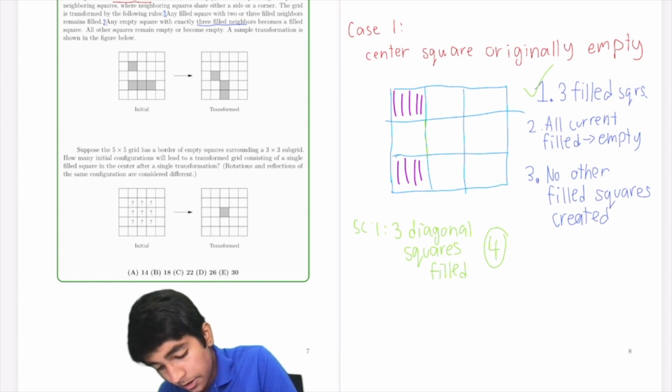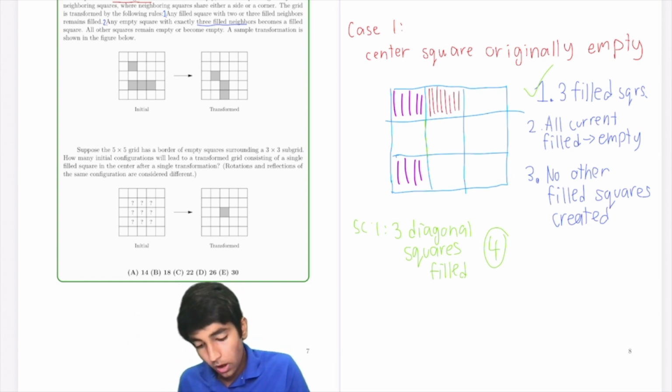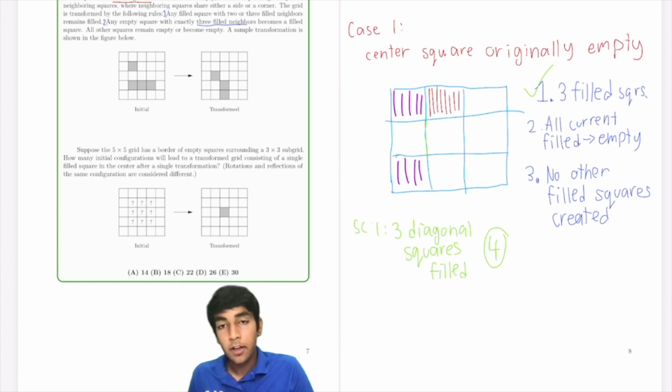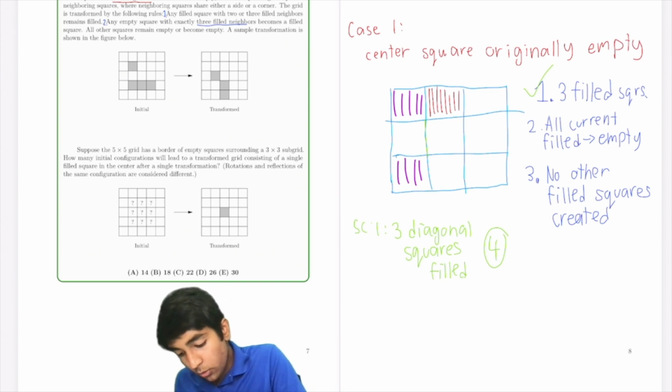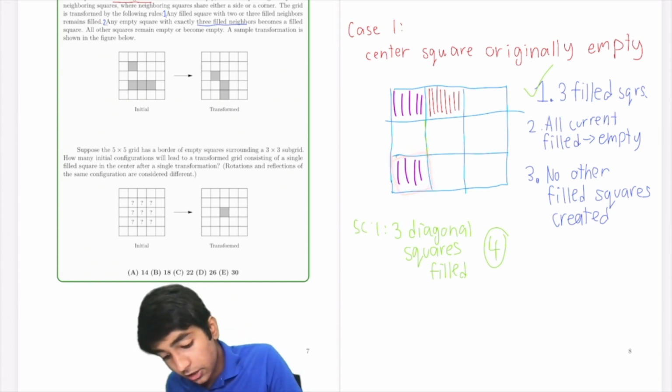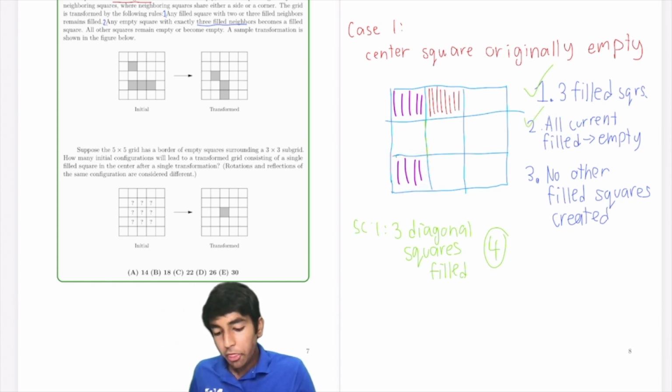Can we have the edge here? Well, in this case, are any currently filled squares going to remain filled? This square has only one filled neighbor, this square has one filled neighbor, and this square has zero filled neighbors. So the second condition is satisfied. But what about the third one? No other filled squares created.